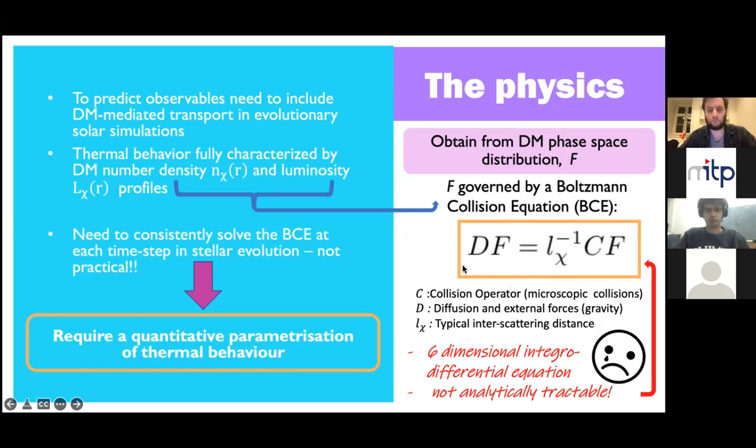If you wanted to include the exact solutions in your simulation, you'd need to solve this self-consistently at every time step in your stellar evolution, which is not going to be very, very practical at all. So what we require is some kind of quantitative parameterization of the thermal behavior of a given dark matter population that will allow us to include it easily and simply in our solar simulations, in standard solar models, and predict the observables.